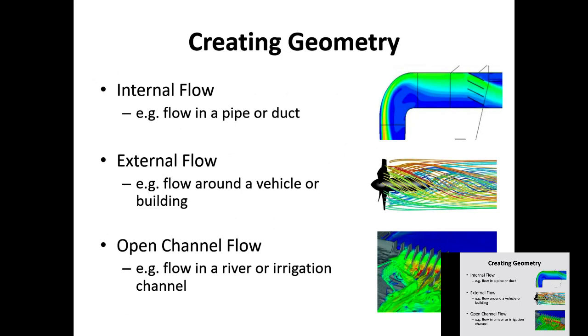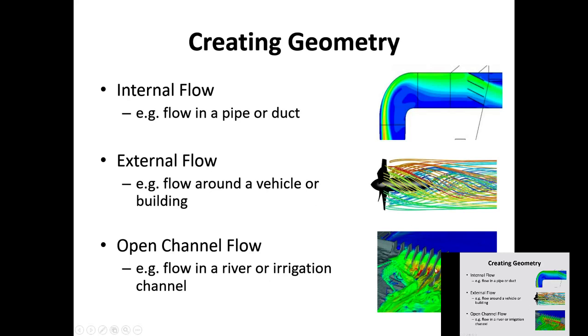These are some examples. Internal flows. So this is an internal flow. That's a flow inside a pipe bend, and that's an external flow. So we are looking at the flow around this fan or the turbine. We are not looking at the turbine, we are looking at the flow around the fan. And then what you call an open channel flow.